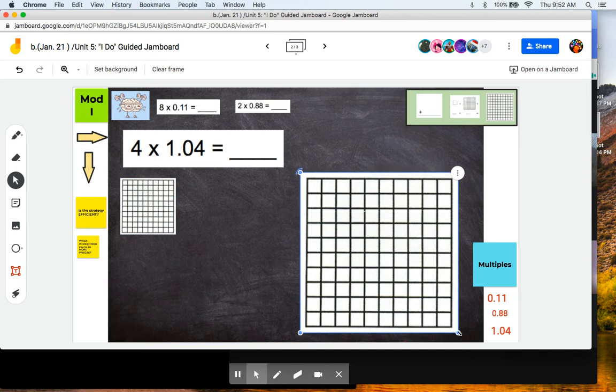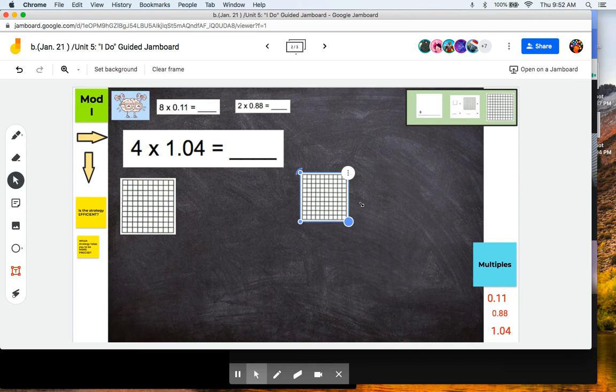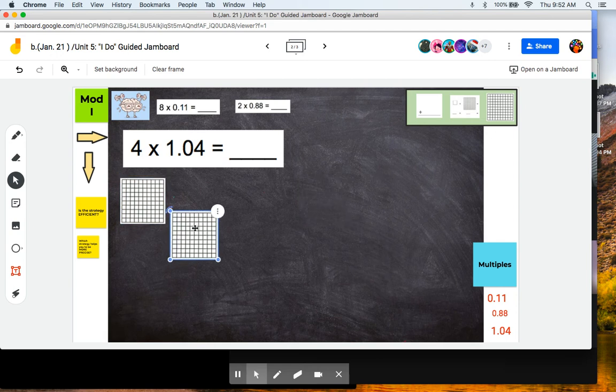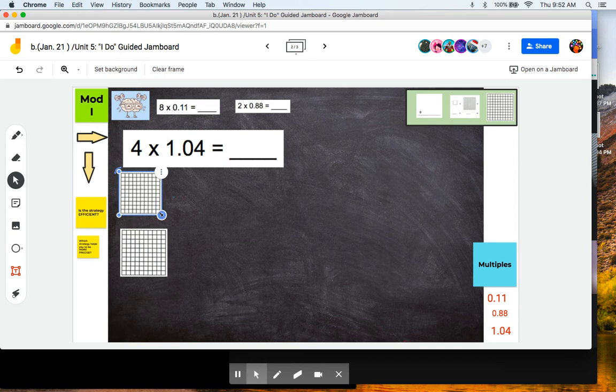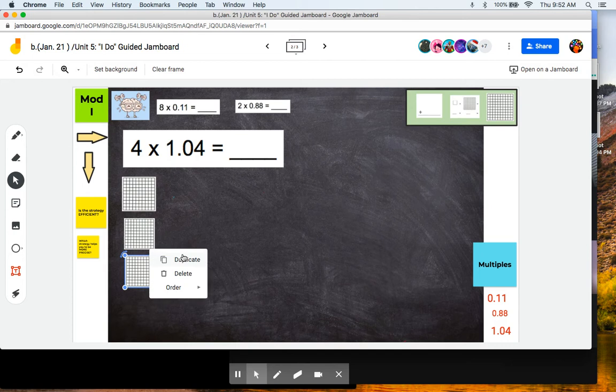And in this case, since I have to have 4 groups of 1 and 4 tenths, I know automatically 1, 2, 3, 4, because each of these grids equals 1 whole.